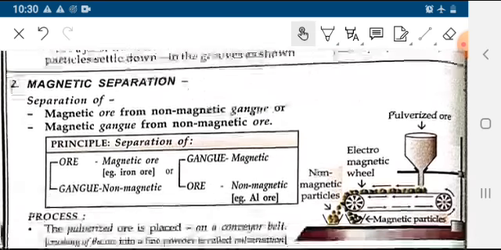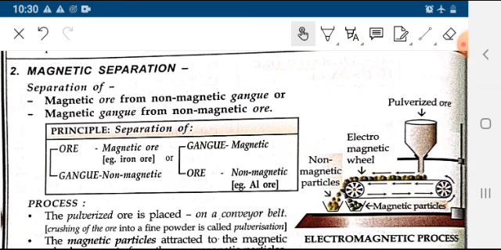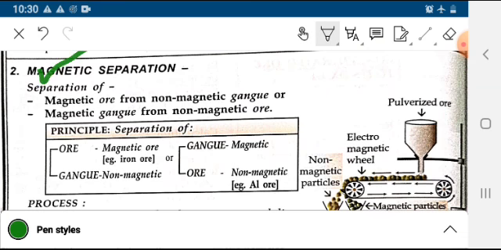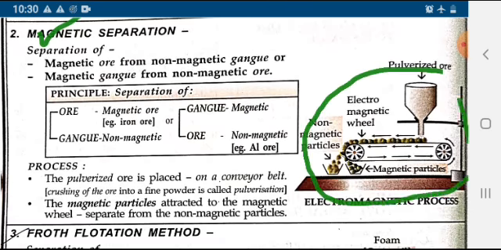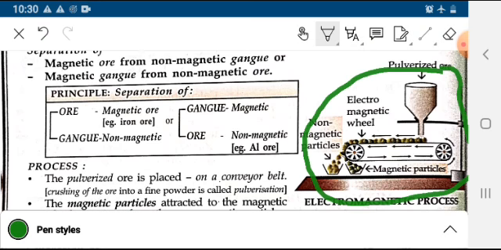Next is the magnetic separation. The separation of magnetic ore from non-magnetic gangue, or magnetic gangue from non-magnetic ore. As you can see in the apparatus, this is the instrument for magnetic separation.